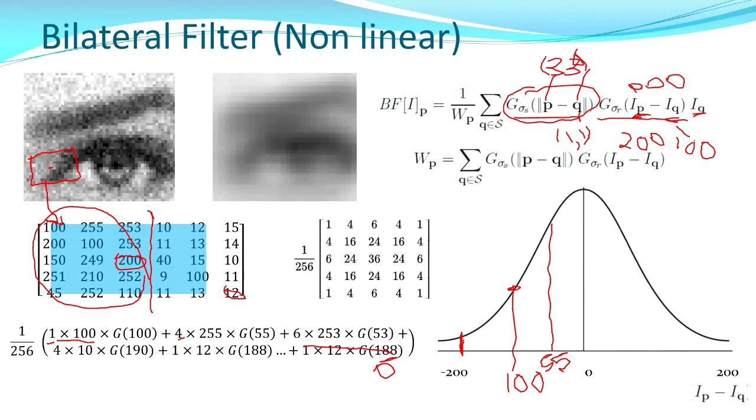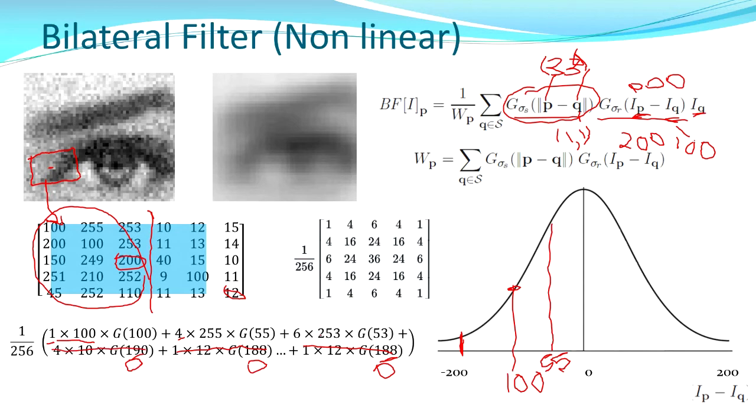Similarly over here, which is this pixel in the corner, this is 1 into 12 into again G of 188, so this effect is also gone because of this 0. Similarly over here, say I have 4 into 10, so the difference is 190, which will again be approximately equal to 0, so this effect will also go.